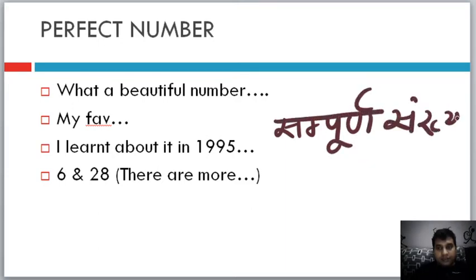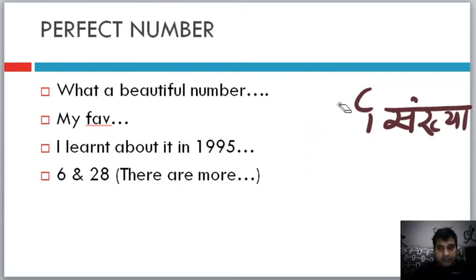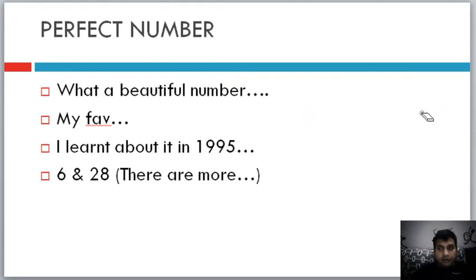Coincidentally, I learnt my initial part of mathematics in Hindi, which is why I am slightly used to these terminologies. So in Hindi it is known as Sampurna Sankhya. What does it mean? At this point you just need to know it on a GK basis. There's something interesting about these numbers.